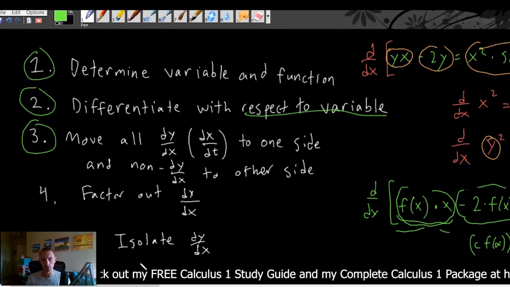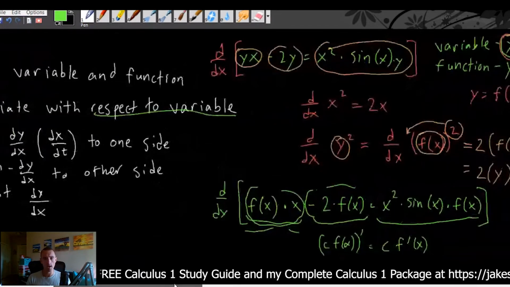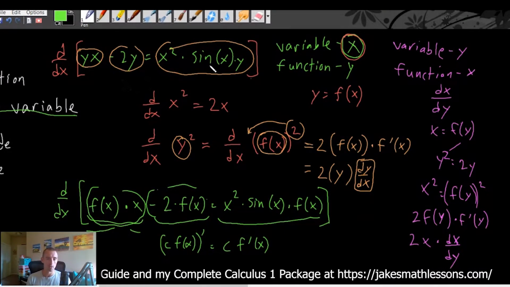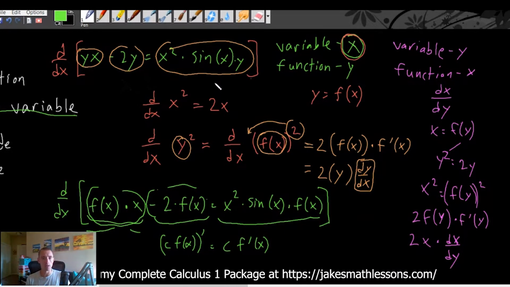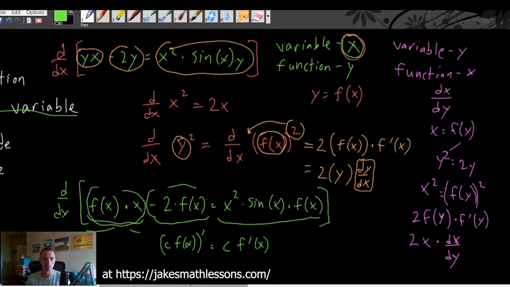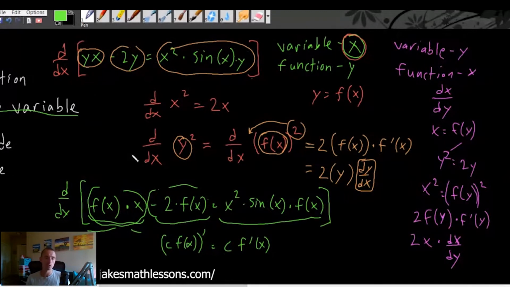Essentially, wherever we had a y in our original equation, those terms typically end up contributing to having dy dx's after you take the derivative in your second step. It could also create terms where there are y's but not dy dx's. That's fine. You just want to keep track of it.